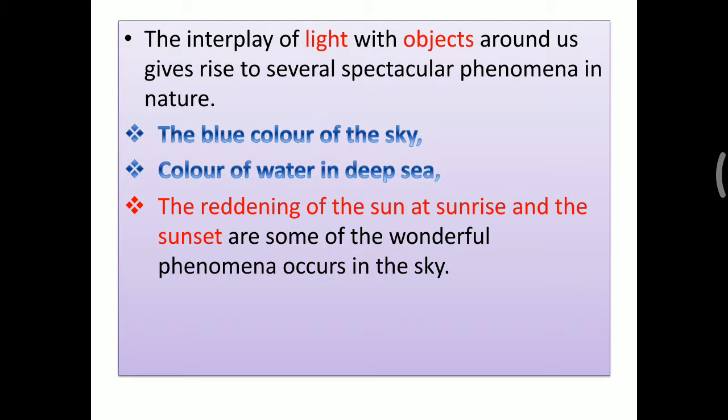So what are the spectacular phenomena? The blue color of the sky, color of water in the deep sea, the reddening of the sun at sunrise and the sunset are some of the wonderful phenomena that occur in the sky because of the interplay of light with the object.